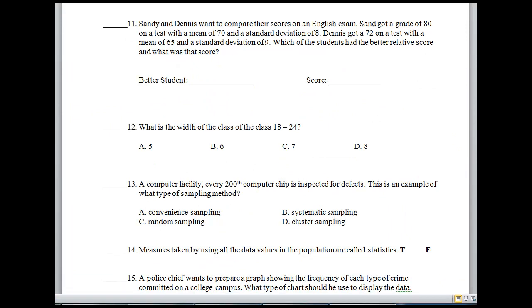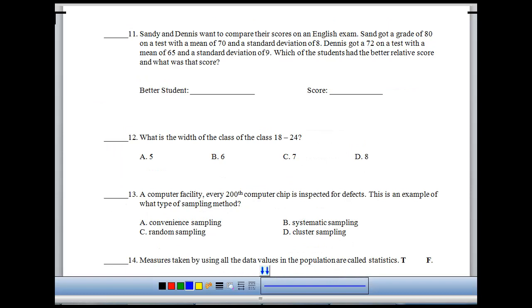Mr. Jimenez. Number 12 says, what is the width of the class 18 to 24? Okay, 6. All right, how many people agree with him? Okay. It's actually 7. Remember the class width is the difference between what?